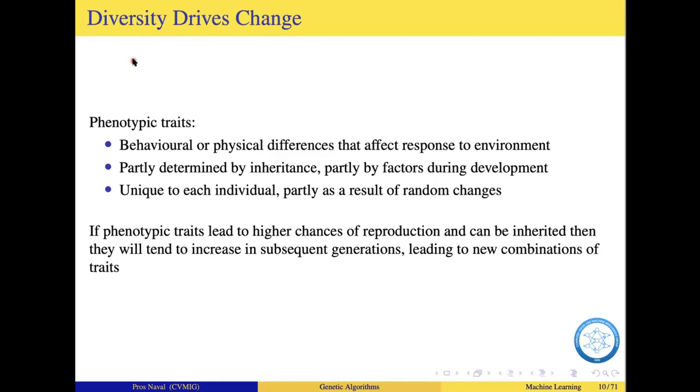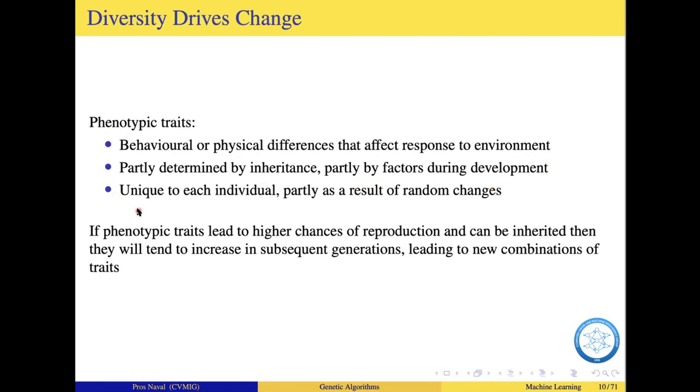Now, as regards phenotypic traits, behavioral or physical differences that affect response to the environment are actually captured by these traits. So these traits are also partly determined by inheritance and also by factors during development.